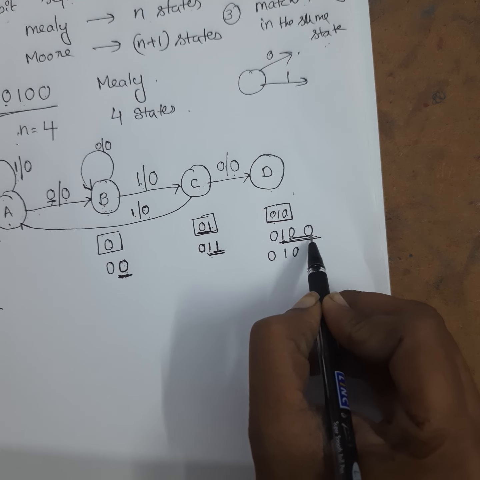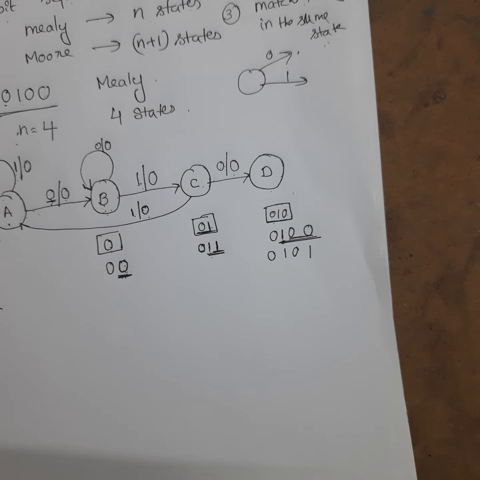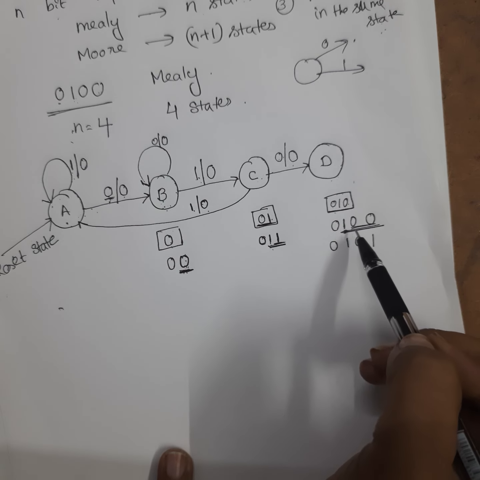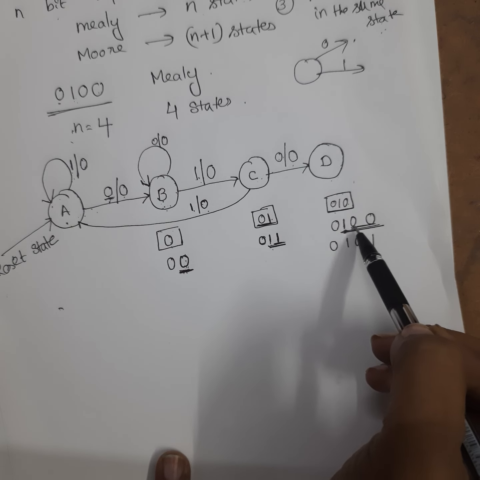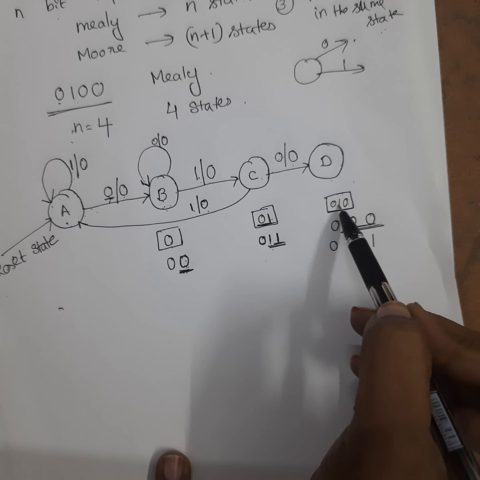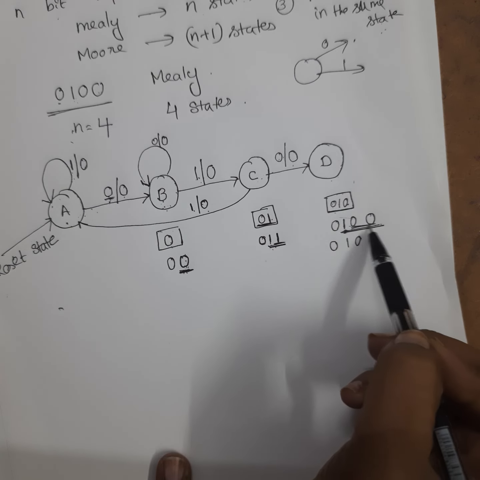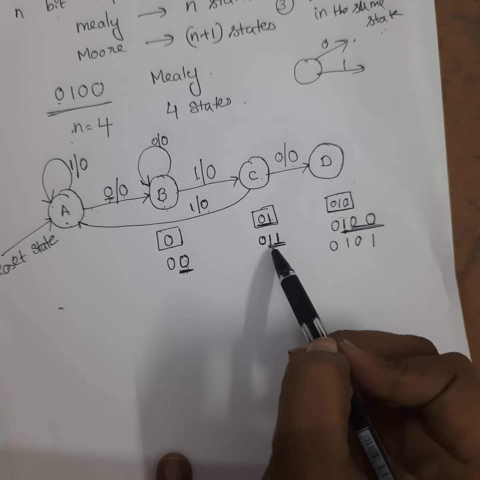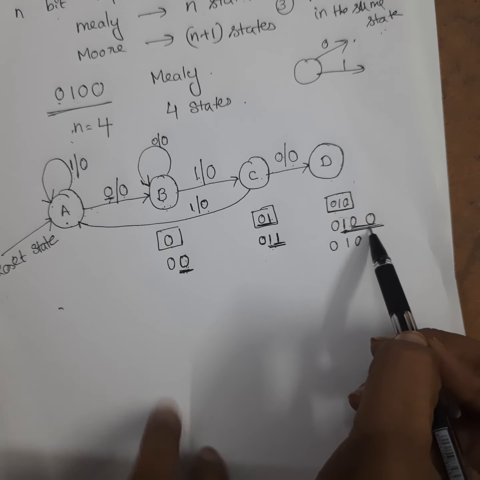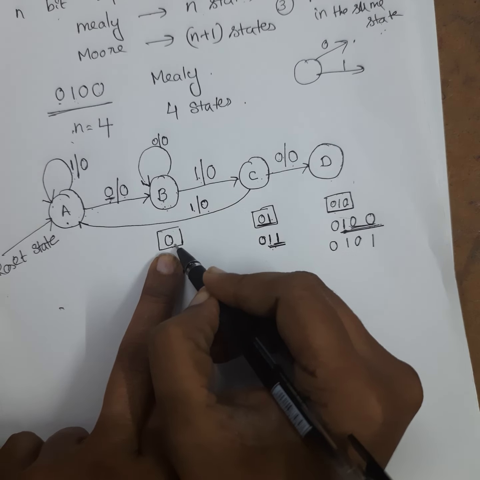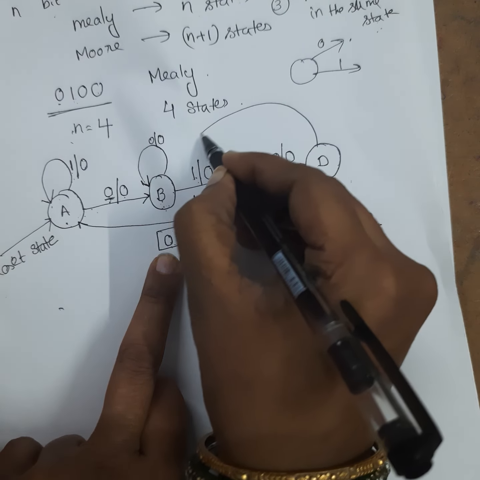Compare 3 bits, 1, 0, 0 and 0, 1, 0: no match. Then compare 2 bits only, 0, 0 and 1, 1: no match. Next, a single bit, 0, 0: match. So then go to this state.